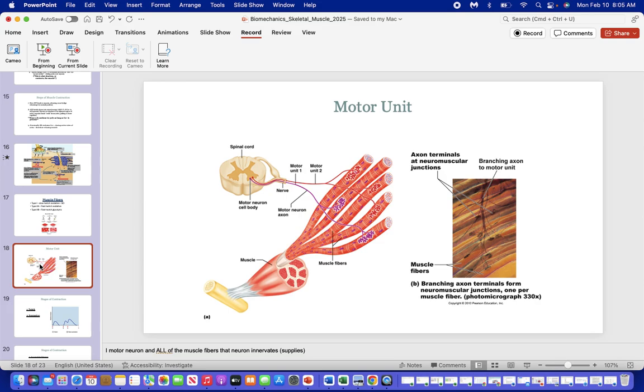The nervous system regulates muscle force by activating different combinations of motor units within a muscle. The number of fibers in a motor unit varies depending on the muscle's functions. Small motor units control precise movements like the eye muscles, and large motor units are for more powerful movements like what the leg muscles can do.